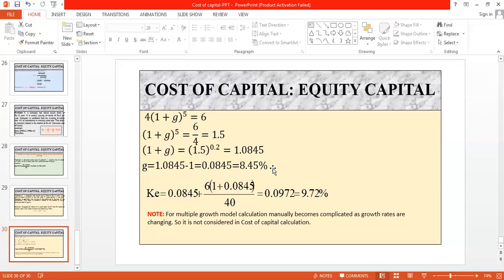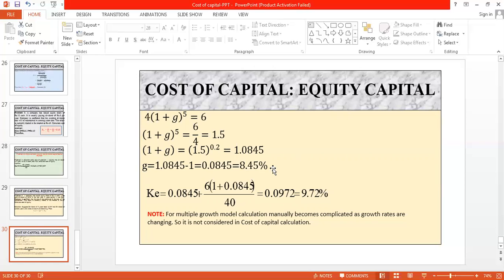That is, the dividend is expected to grow at 8.45%. So if 8.45% is the growth rate, then just apply this growth rate in the previous formula number 2 that we have already established.